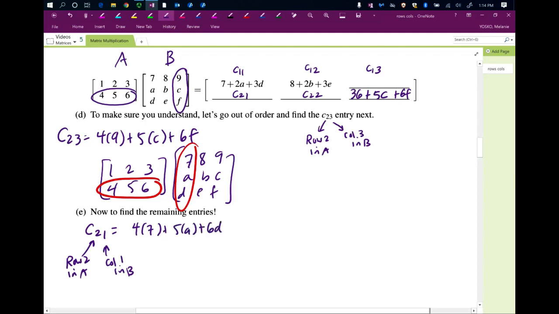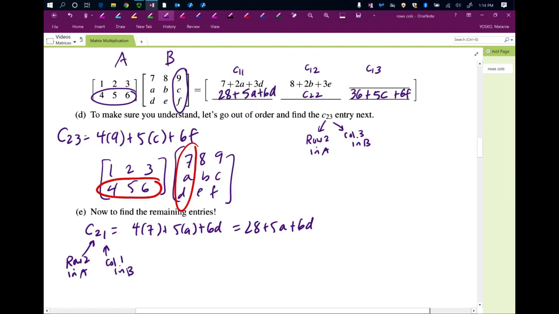That makes sense? So 7 times 4 is 28. 28 plus 5A plus 6D. Okay, we're going to put that right here.